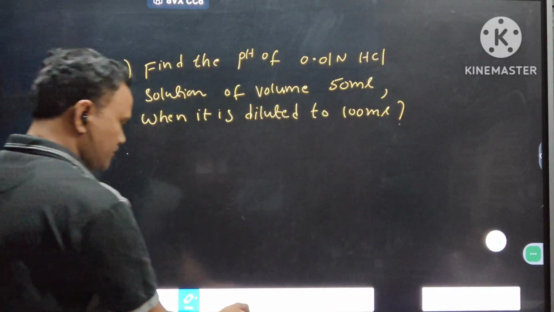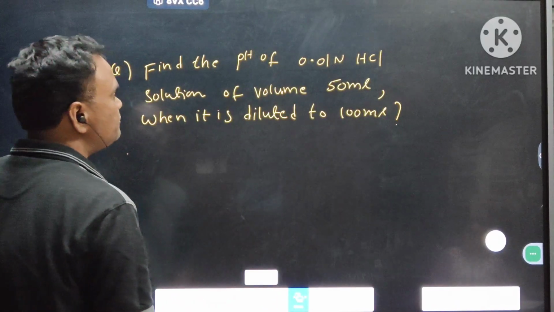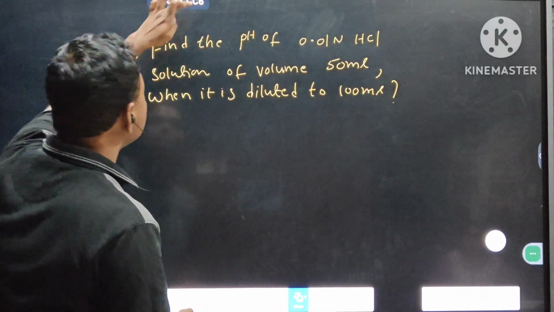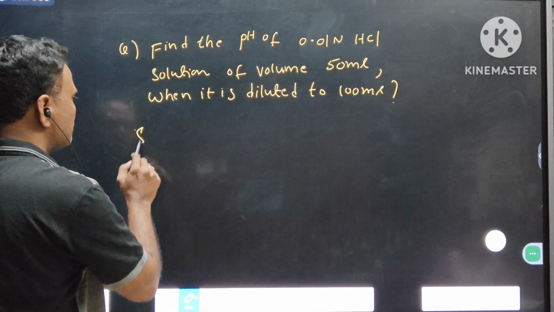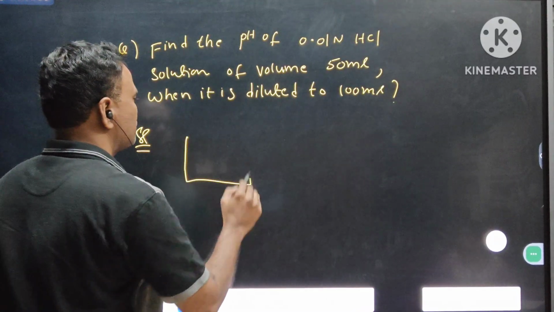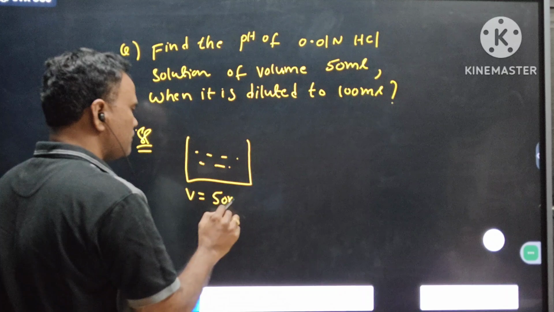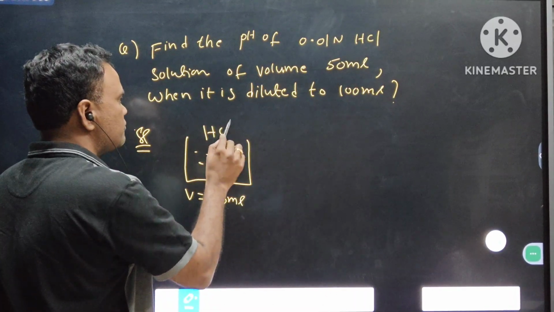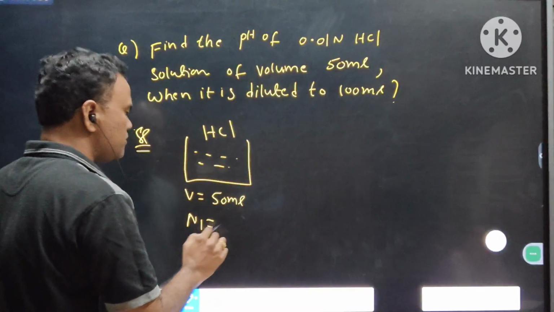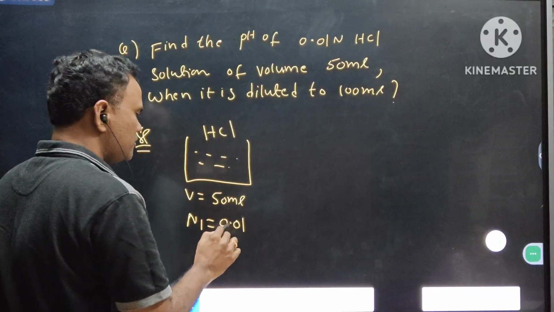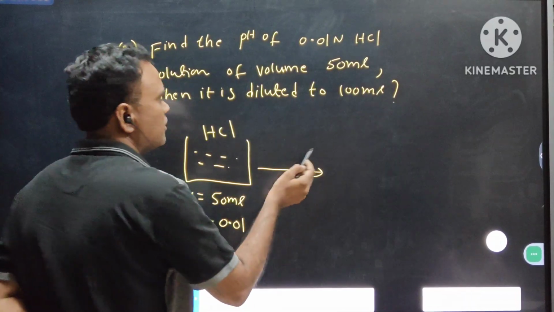See, I'll explain this with the help of diagrams. I have 50 ml HCl solution. What is its normality? N1 is equal to 0.01. What I am doing?